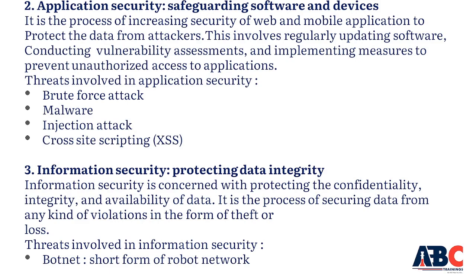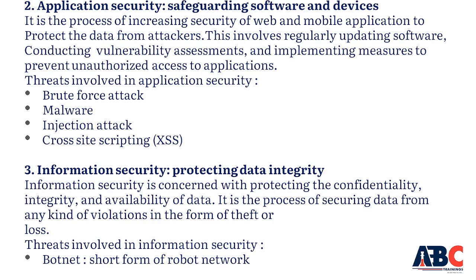The third one is information security, protecting data integrity. In information security, we are concerned with protecting confidentiality, integrity and availability, which is the same as the CIA triad model. Confidentiality means we have to send our text message in ciphertext format with the help of encryption tools.